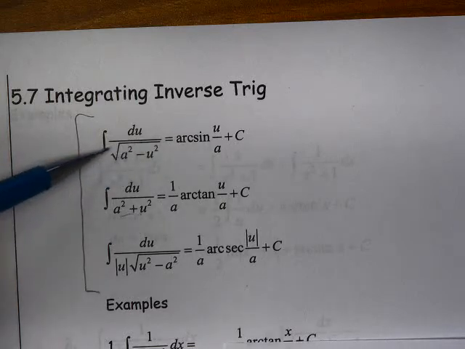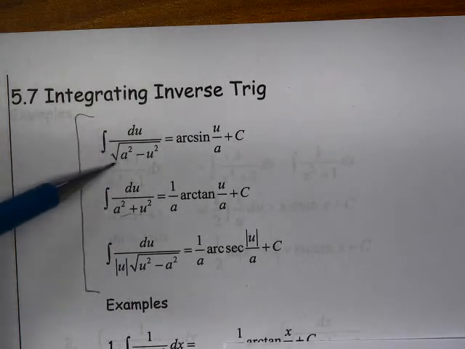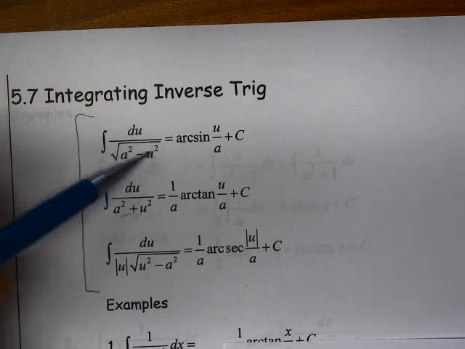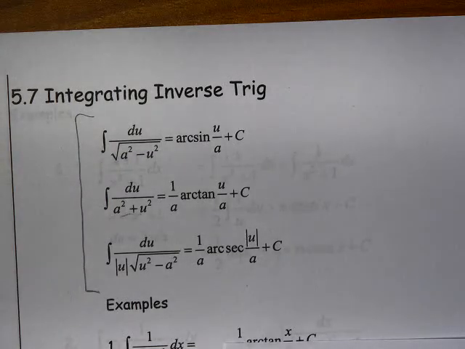The arcsine rule or integral is a constant squared minus a u squared, some function of x squared. That's not what we have here. We have a function of x squared minus a constant squared. But you see that we also have this absolute value of u, and ours doesn't fit that quite well, or at least doesn't fit it well quite yet, I should say.